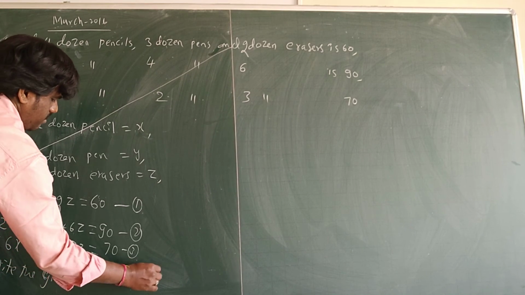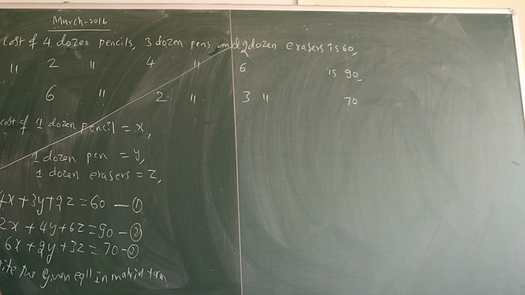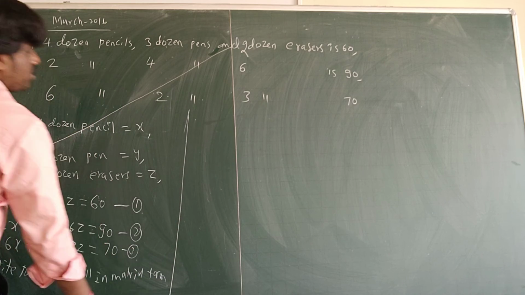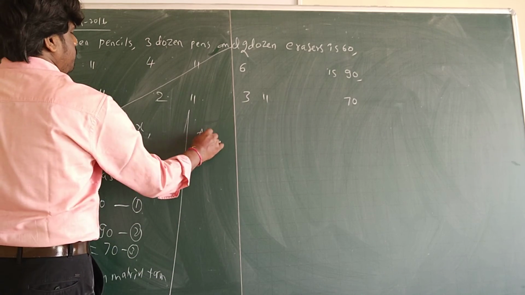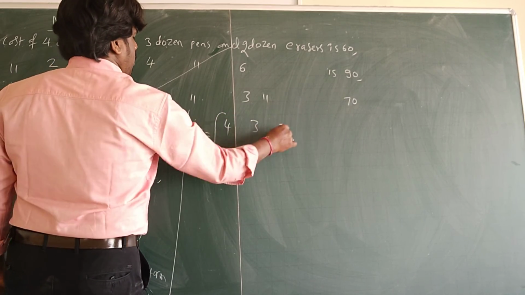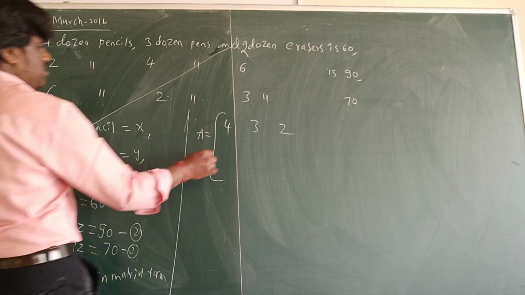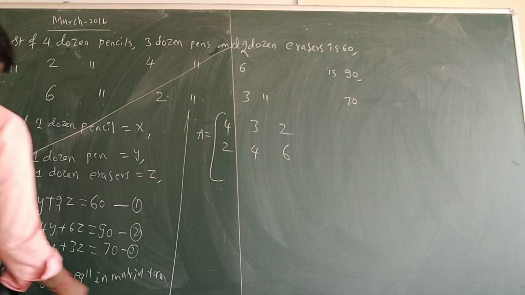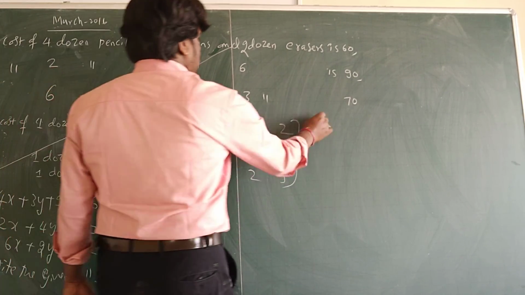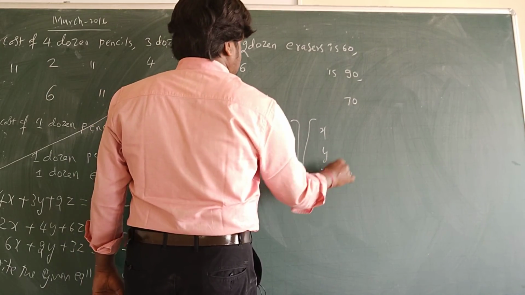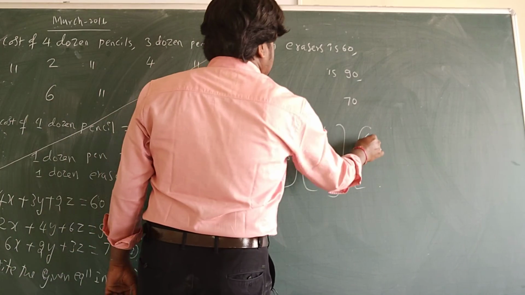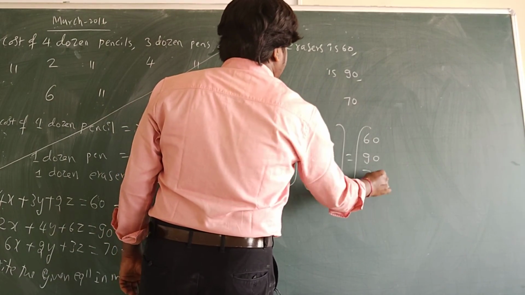We write the matrix form here. When you write it in matrix form, you will get A as 4 3 2, here 2 4 6, here 6 2 3, and next X Y Z is equal to the constants 60, 90, 70.